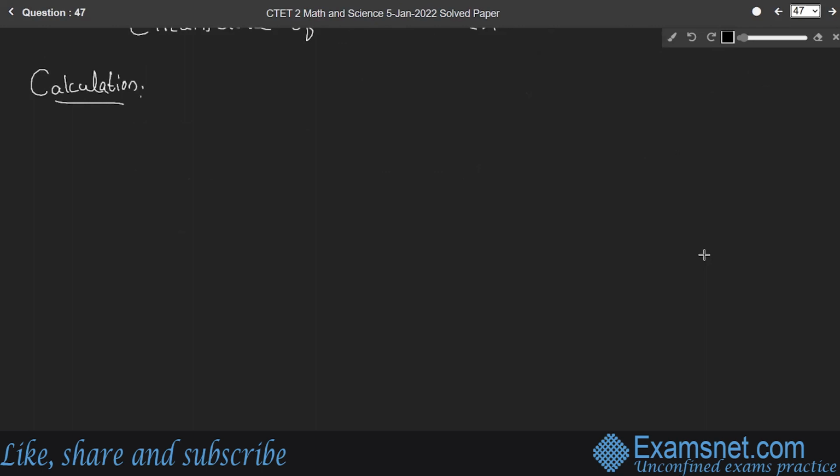So we know the area of the circle, area is equal to 616 meters square, right?